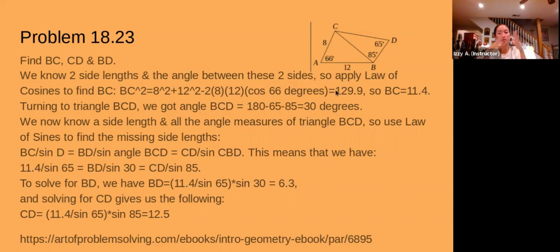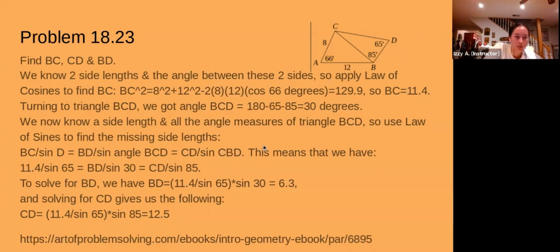If you practice law of cosines, you're eventually going to get comfortable with plugging in numbers. At first, it might just look a little bit threatening, but it is a lot easier than it actually looks to be. So eventually, you will get to 129.9. So BC would be equal to 11.4.